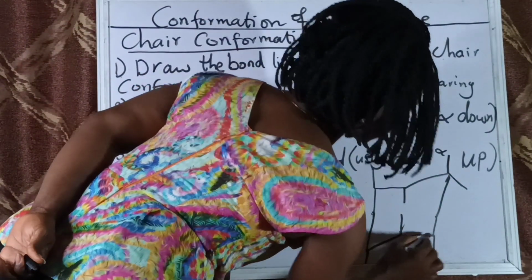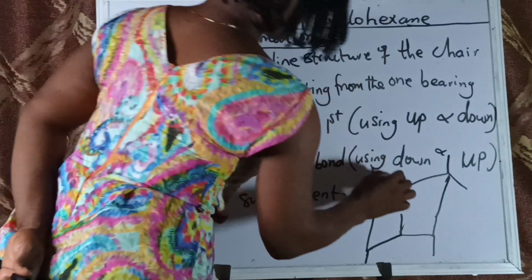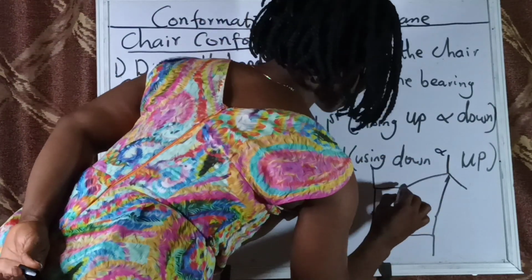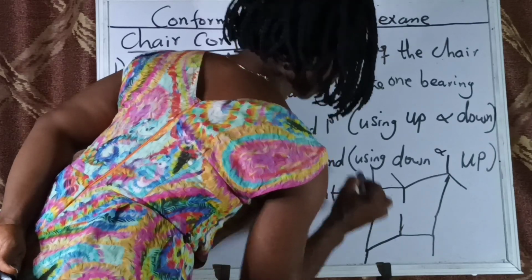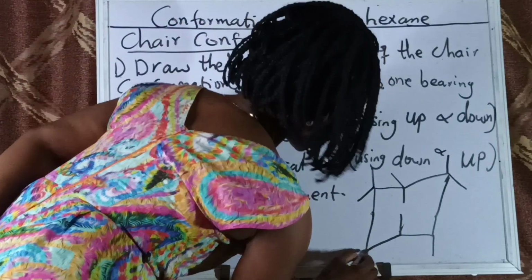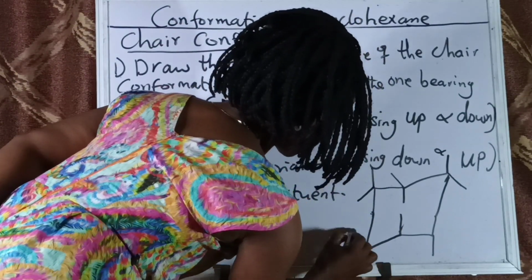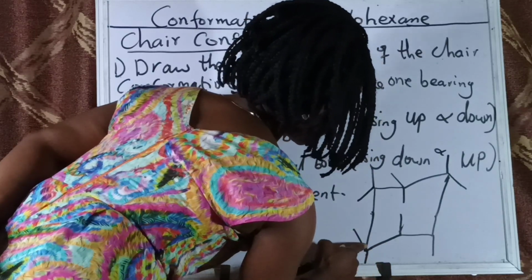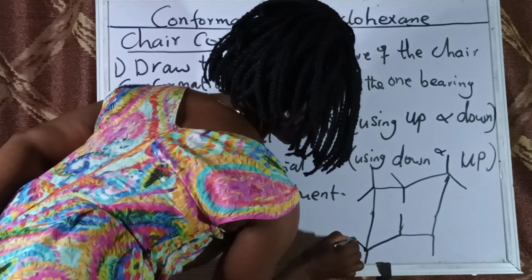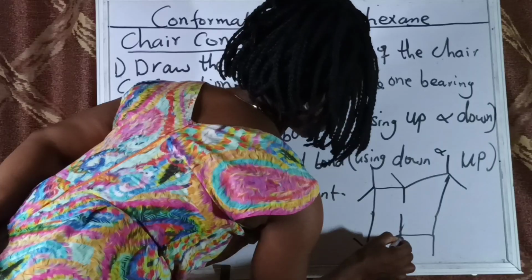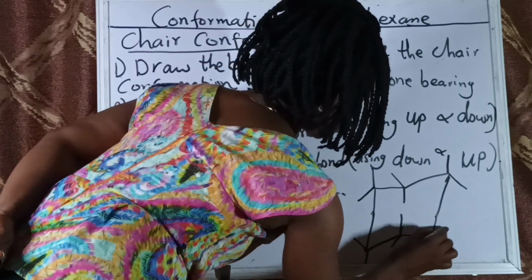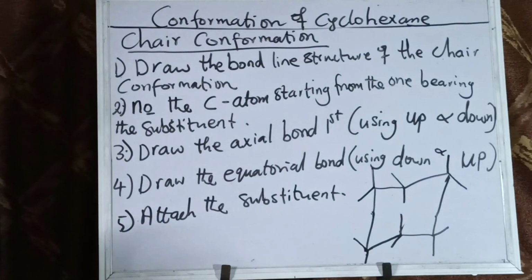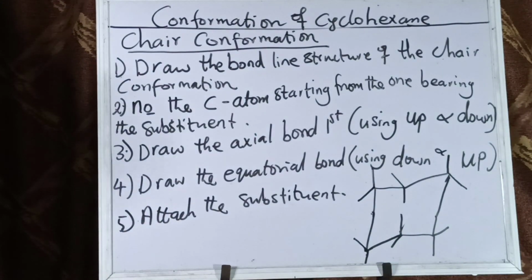Then the next, this is down, so it means here will be up. This is up, it means the equatorial will be down. This is down, it means the equatorial will be up. This is up, so the equatorial will be down. This is down, so the equatorial will be up. Okay, I hope it's understandable.